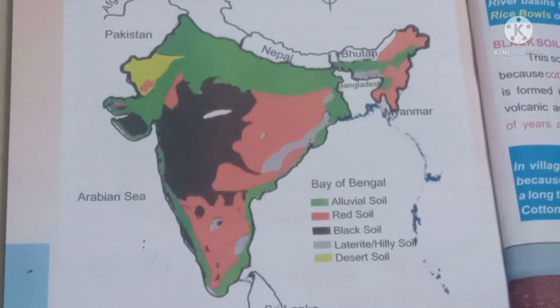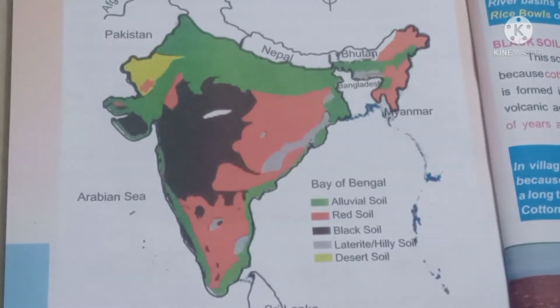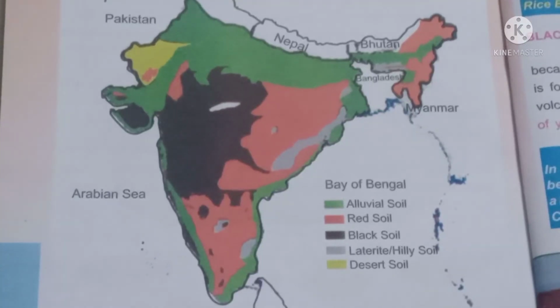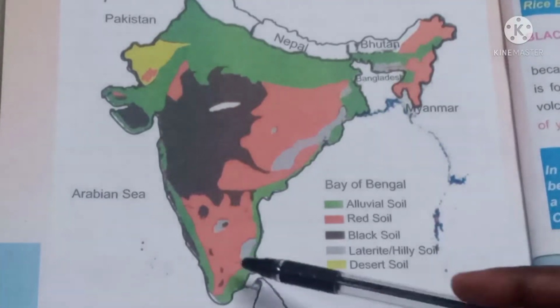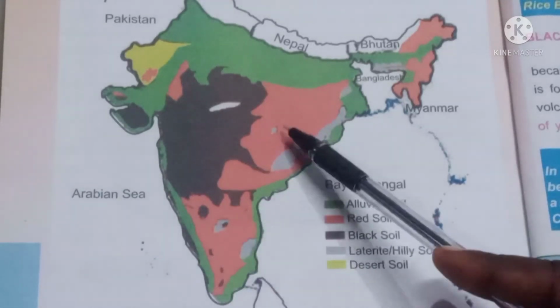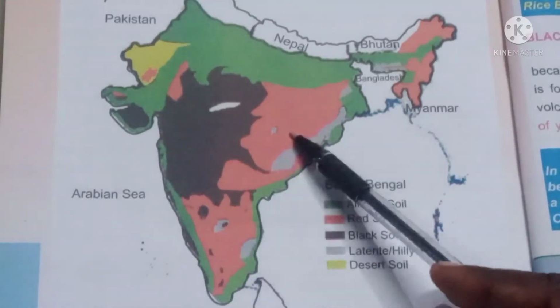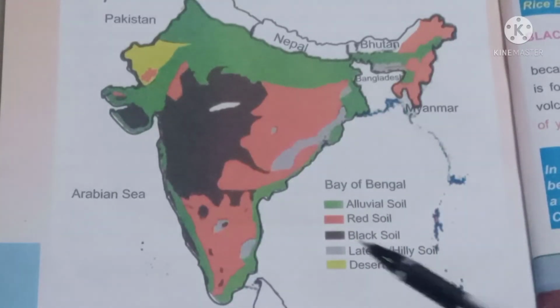Next, we will see about the red soil. Why is this soil red in color? We must know. The soil is red in color because of the presence of iron oxide. If the iron oxide is present in more quantity, the soil color changes to red.